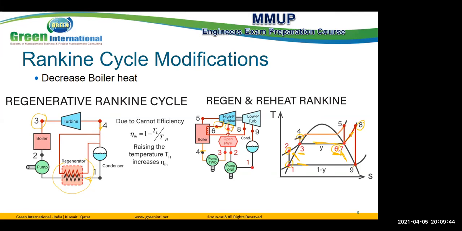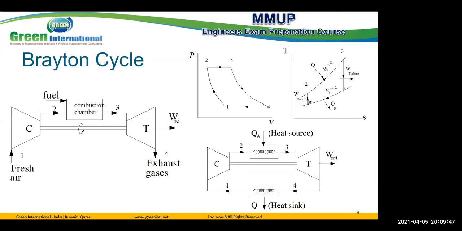Brayton cycle. If I tell you it's important, it is higher than important. This cycle normally comes in the exam not always as a request for the total cycle, but just asking for one element.